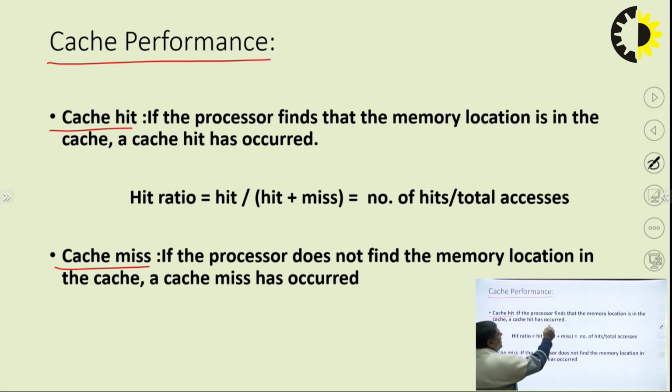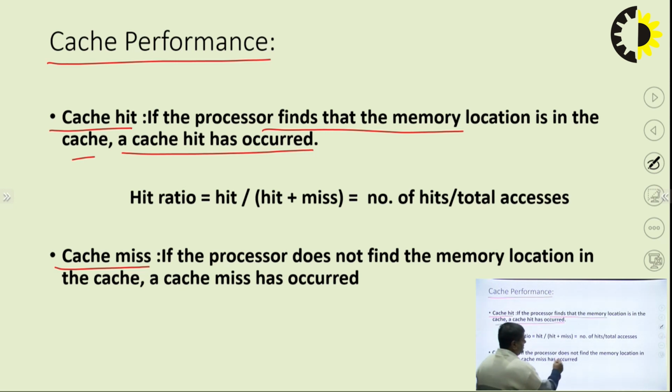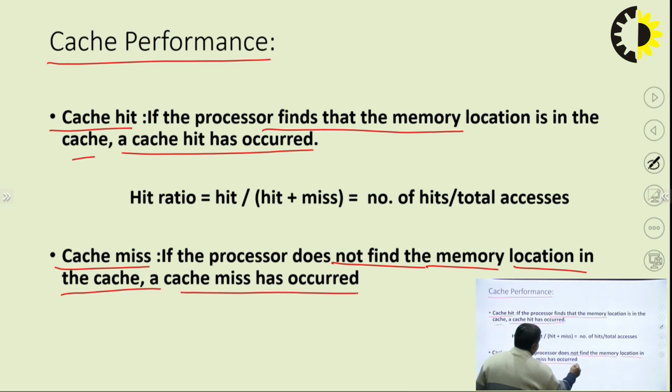If the processor finds the memory location in the cache, then a cache hit has occurred. If data and instruction are found in the cache, then this process is known as a cache hit. Very simple. If data and instruction are not found in the memory location, then this is known as a cache miss.